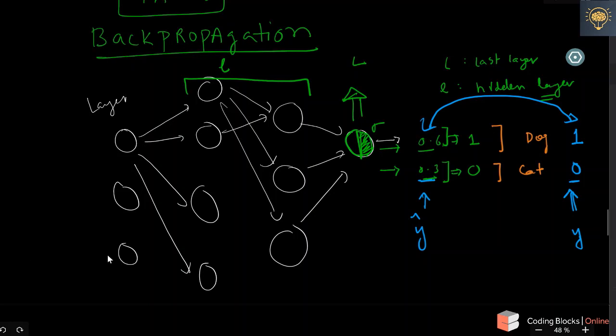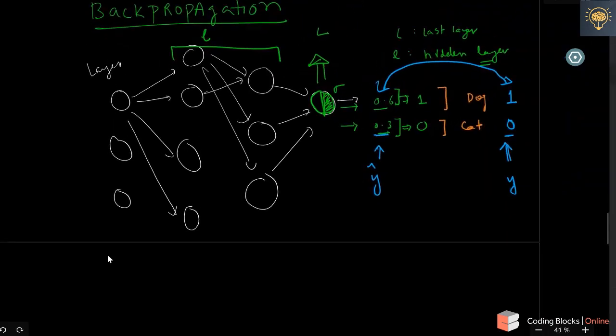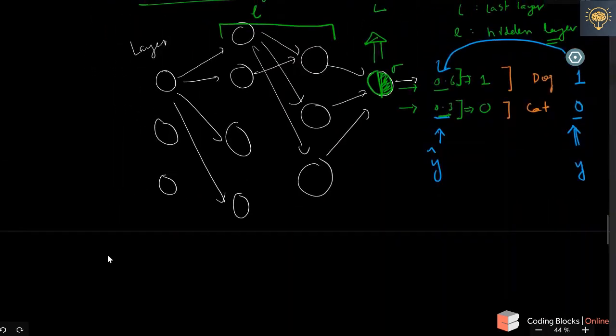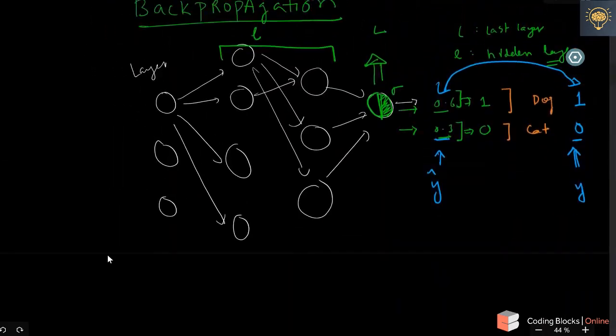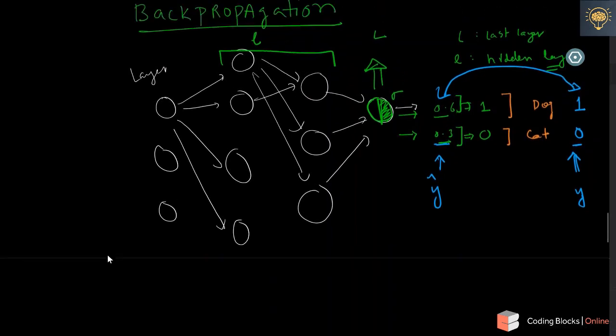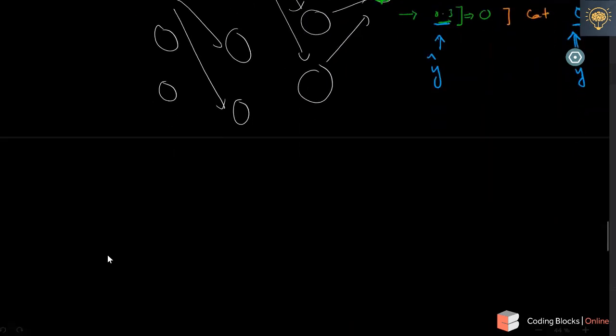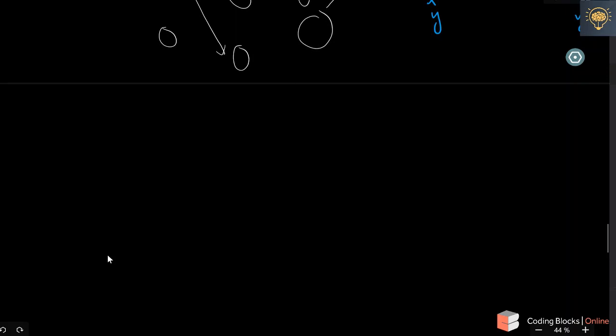So let us first start by defining one loss function. The loss function we generally use in classification is cross entropy, but for simplification I am using the mean squared error loss. The results we are going to derive here do hold for cross entropy as well.